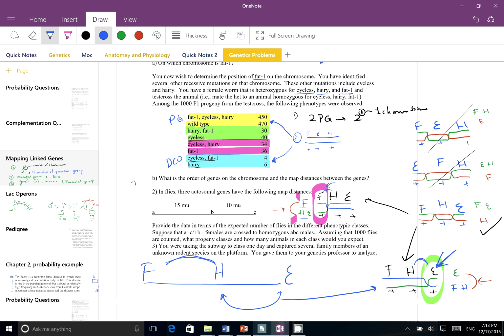Okay, so I'll call this one RF1 and this one RF2, relative frequency 1 and relative frequency 2. RF1 is this one, the first distance I went between F and H, and then RF2 is this one. These two numbers.